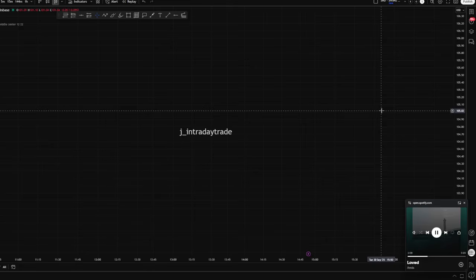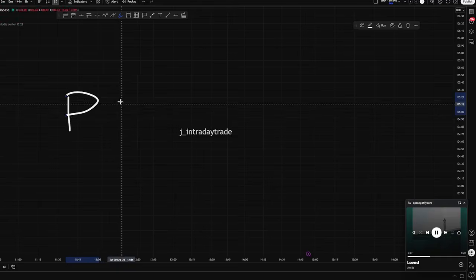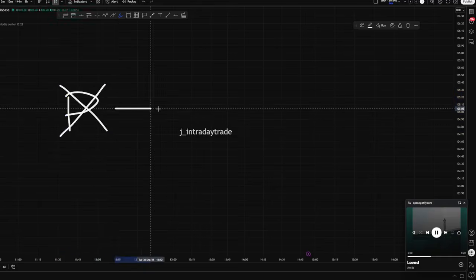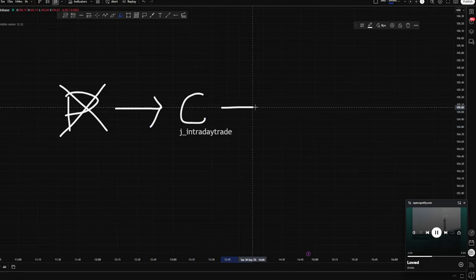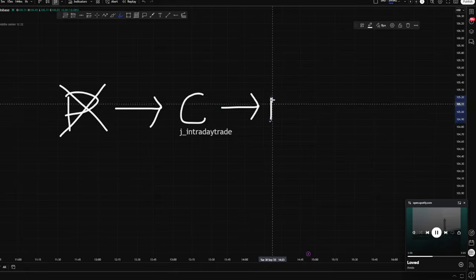That right there is what you're here to learn. You're here to learn not trading on past price. That screwed you over. You're trading the current price with the expectation of the future.